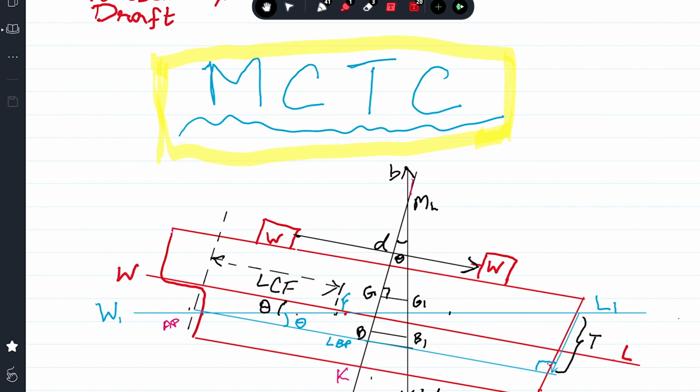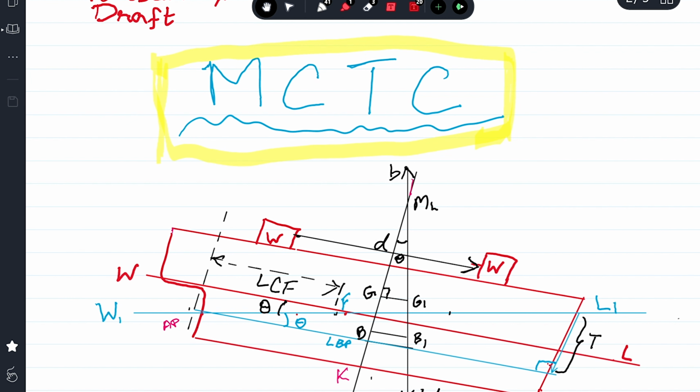It is given against the hydrostatic draft in the particulars. As you must be remembering, the MCTC is also affected by the density of water in which the ship is floating. MCTC from the hydrostatic book will be for salt water. You must correct it for the actual density in which the ship is floating. Same like TPC.